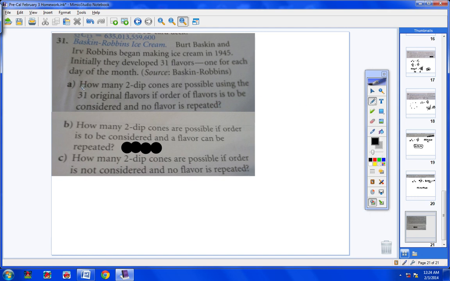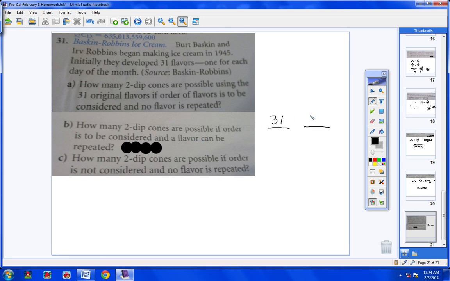Now let's move on and take a look at question B. How many 2-dip cones are possible if order is considered? So that's permutation, and flavor can be repeated. So I better be careful putting a P here. Now flavors can be repeated. So really, it's still 2-dip cones, so I have 2 blanks. And my first blank, now watch this, I have 31 options, but repetition is allowed.